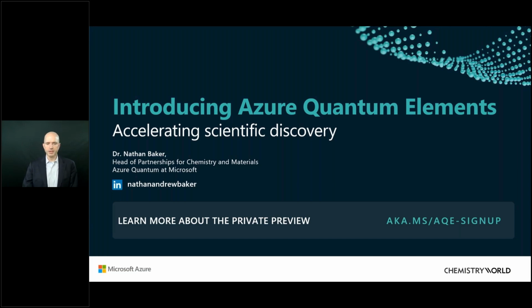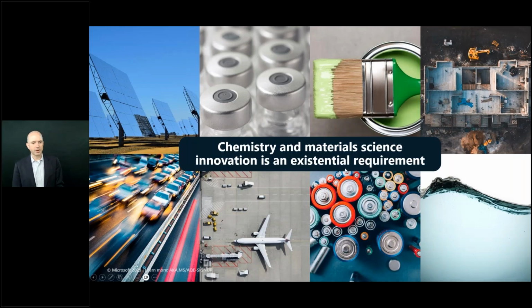So I'm going to jump in with probably a slide that's not needed for this audience, but I'll start anyway with why do we care about chemistry and material science? Anyone who reads an issue of Chemistry World each week sees lots of great examples about why chemistry and material science is important to the world.